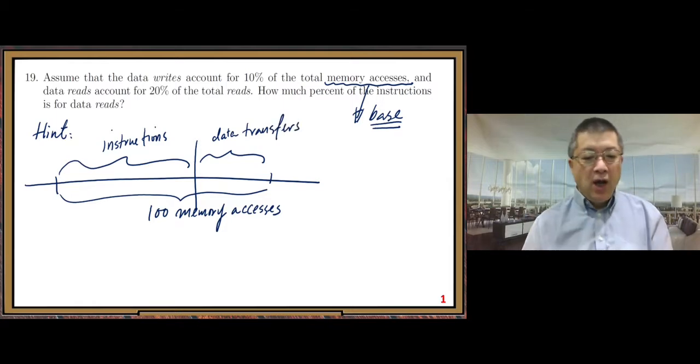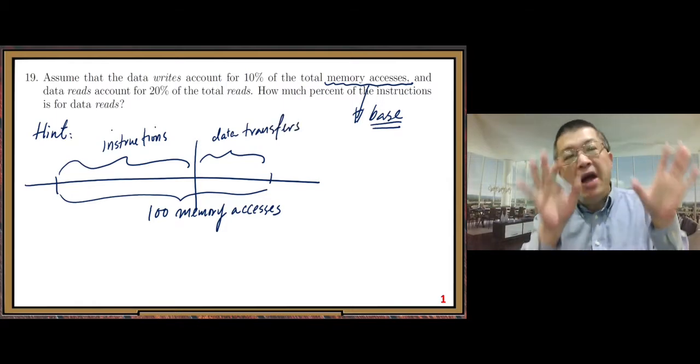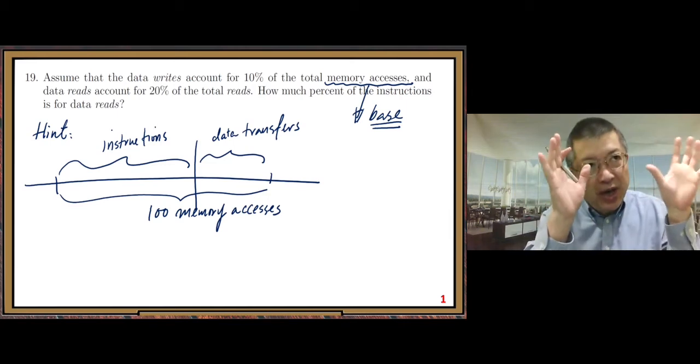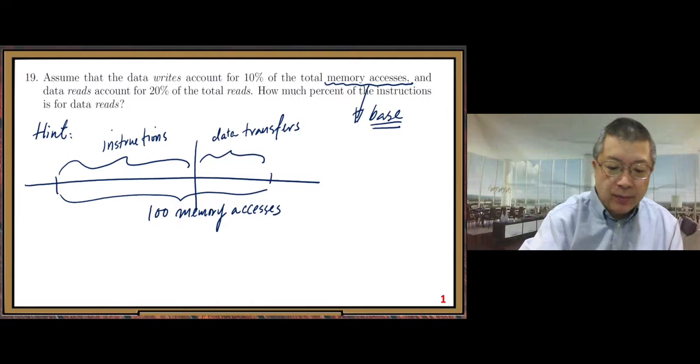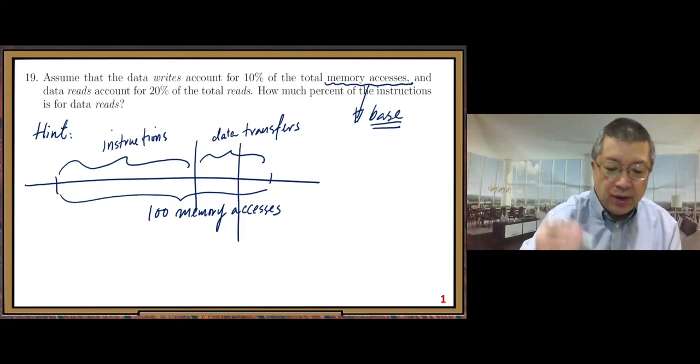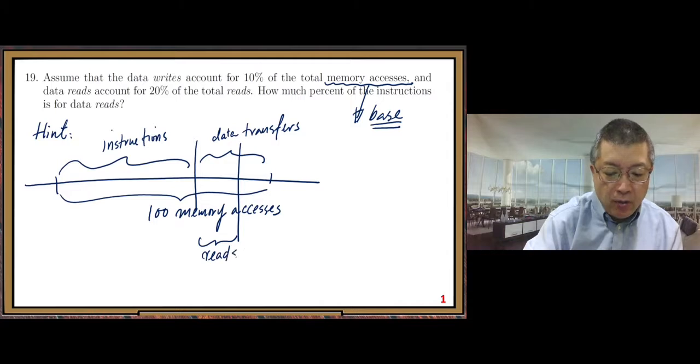How much each is, we may not know at this point, so we need to try to figure it out. But the data transfer is divided into another 2 parts: reads and writes.